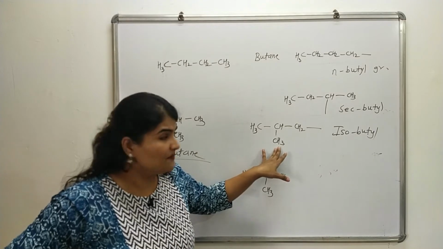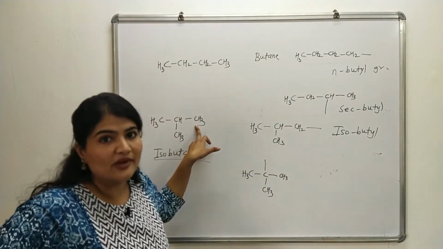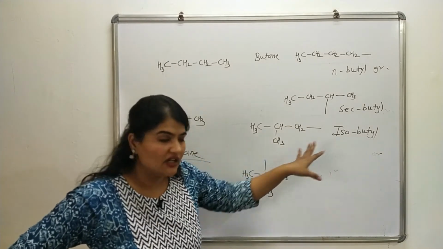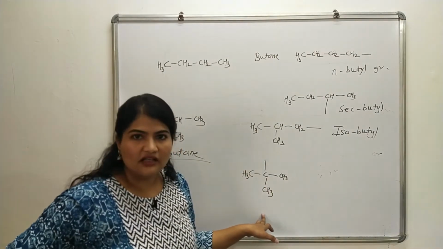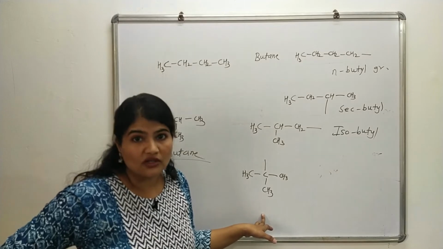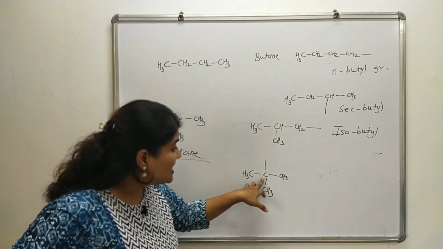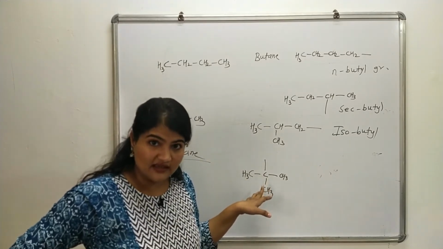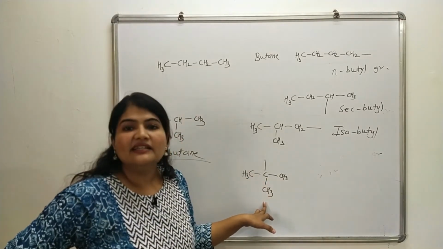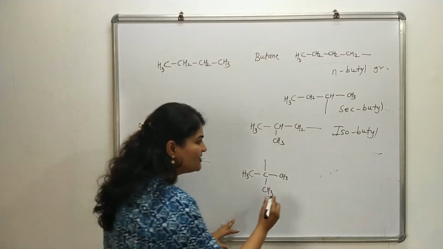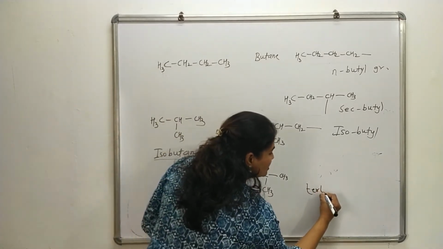When terminal hydrogen was removed from isobutane, we called it isobutyl. But here, look at it, it is again a butyl alkyl group because it contains 4 carbon atoms, but the carbon where the substitution is attached is bonded to 3 other carbon atoms. So technically it is a tertiary carbon atom, and so we will name it tertiary butyl.